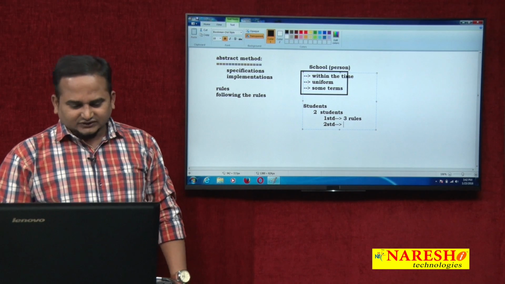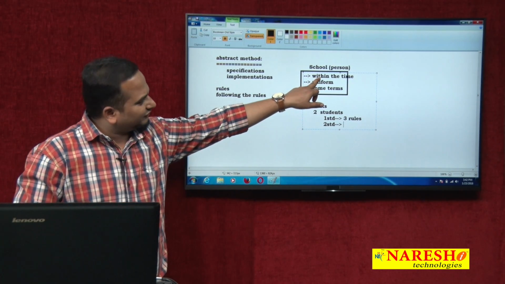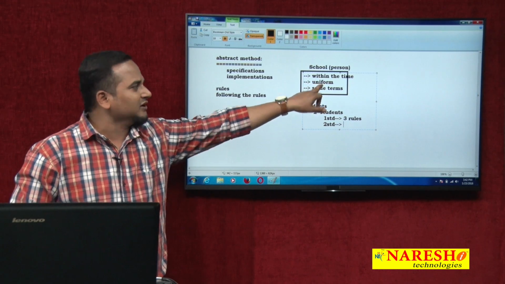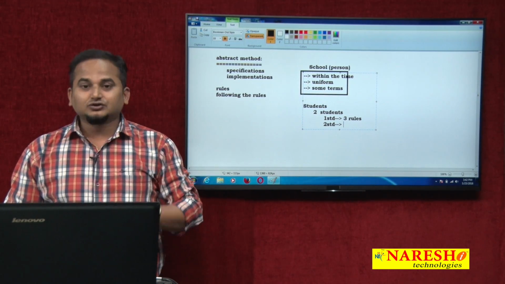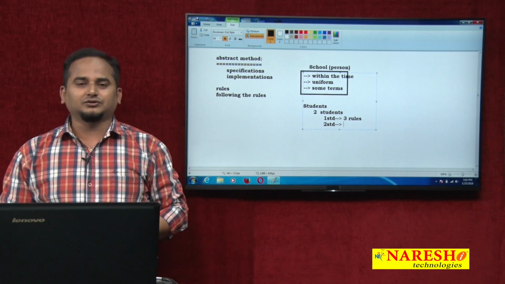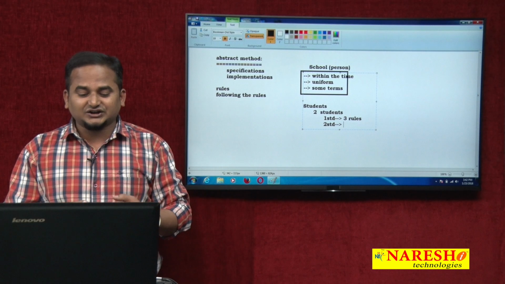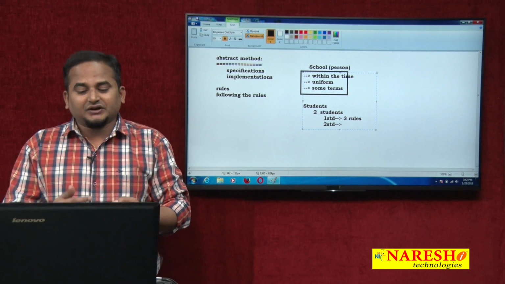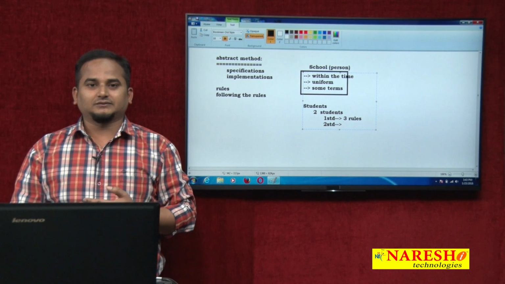For example, the second student pays the fee in terms and comes to class within the time every day, but does not maintain the appropriate uniform daily. Then the school principal does not allow that student to sit in the classroom. So, there is no relation between the school principal and the student.